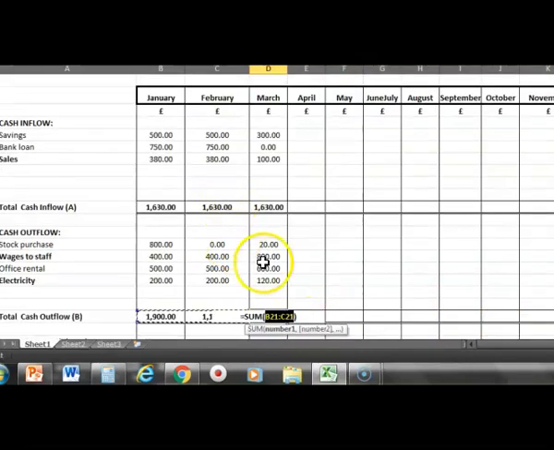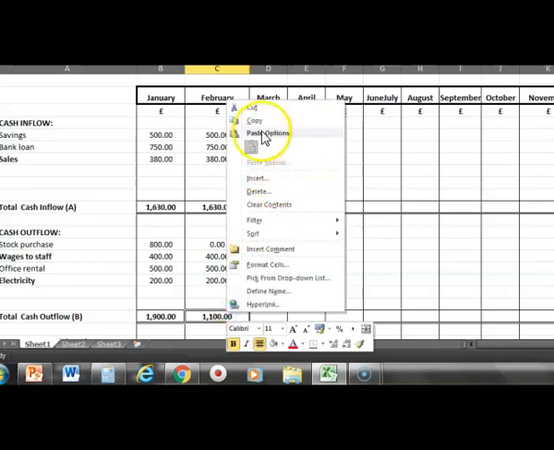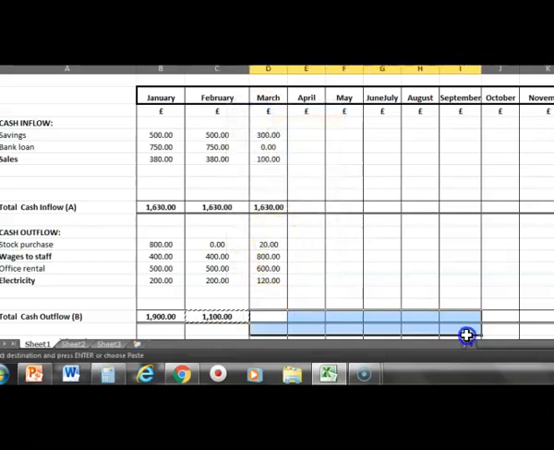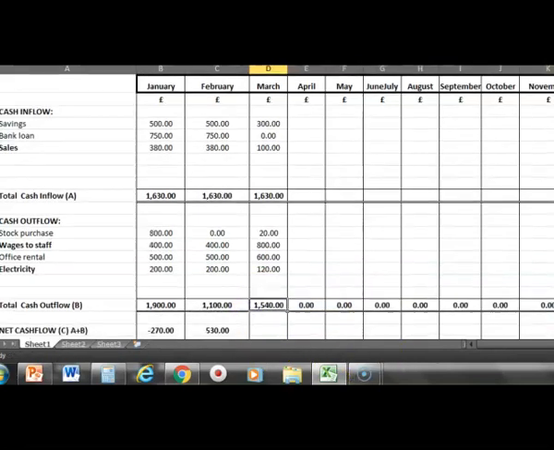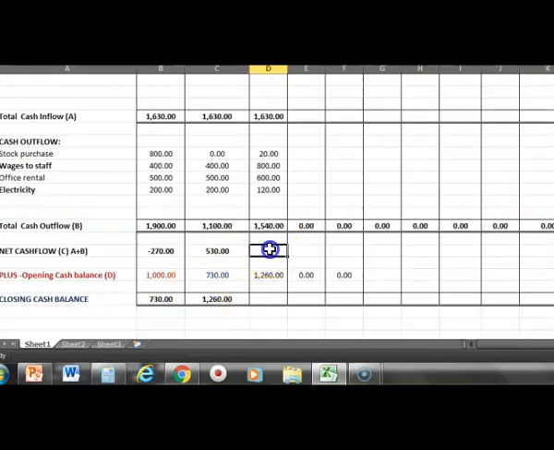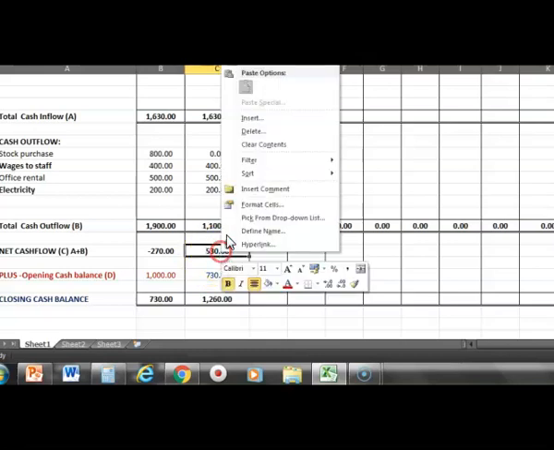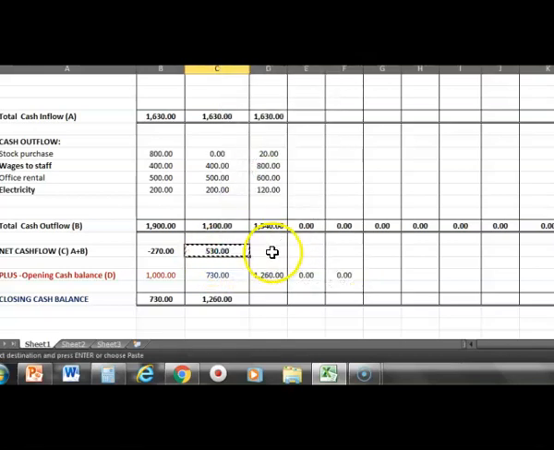So the cash outflow is 1540. Now for the net cash flow, it is 90.